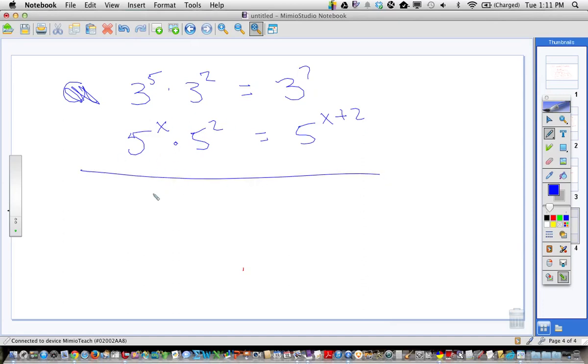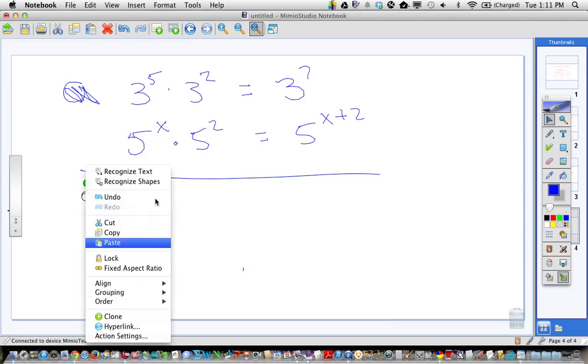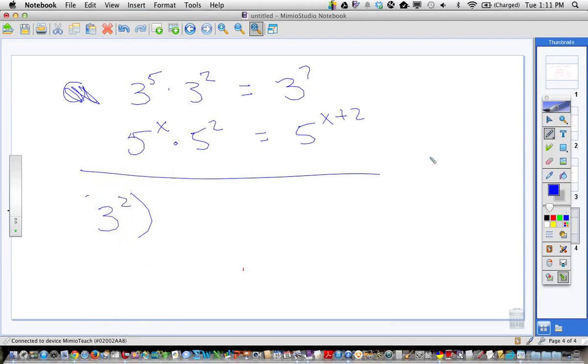Another rule that we want to talk about is the power on a power. So if I have 3 squared to the 4th, when you have a power on a power, what do you do? You multiply. So that's 3 to the 8th. But where we'll probably see that more might be in a problem such as this. Say we have 4 to the x, and we'd like to rewrite that as a power of 2.